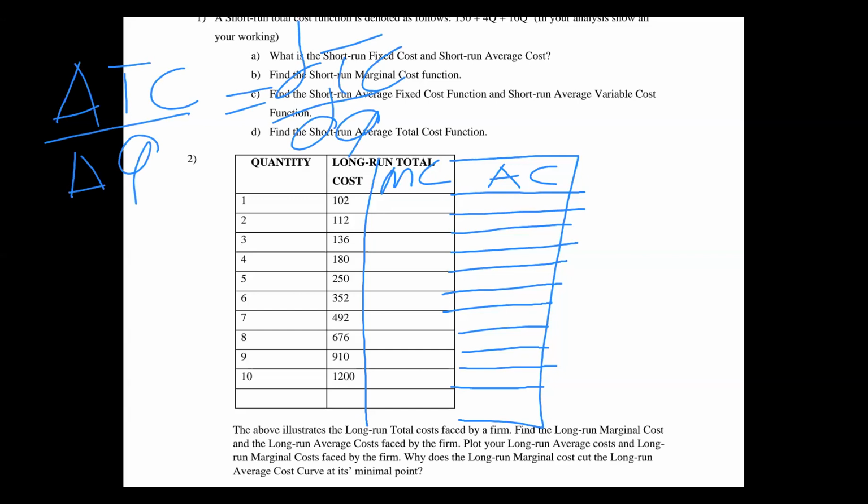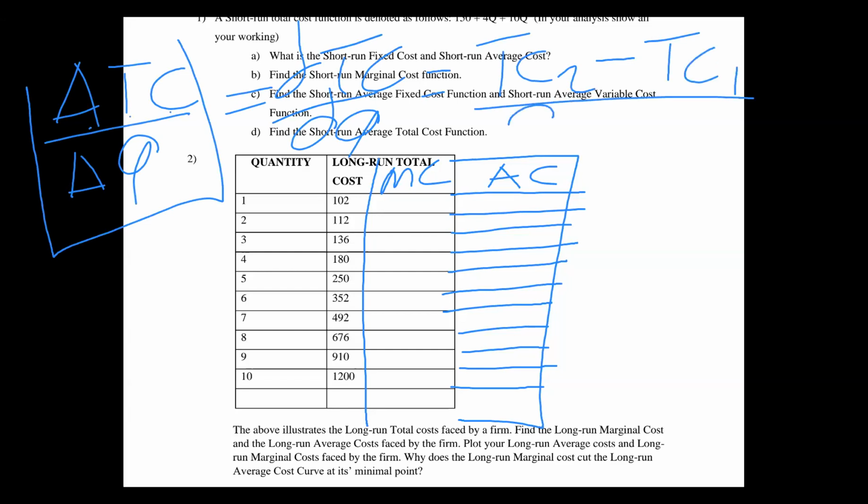But here, since we are not given a function, we're going to use the one for the numbers. So the change in total cost is equal to total cost 2 minus total cost 1, divided by output 2 minus output 1. That represents the change in output.